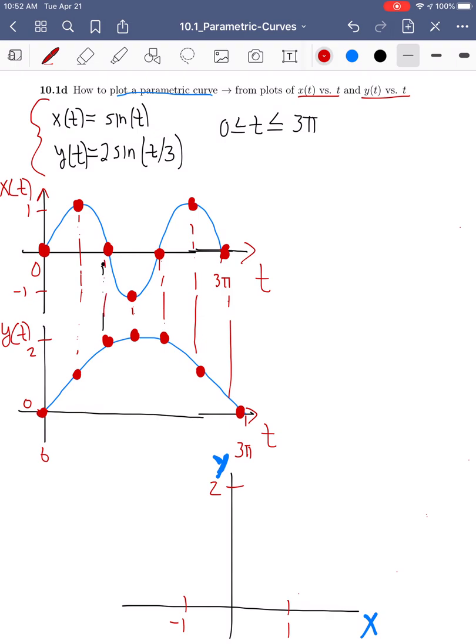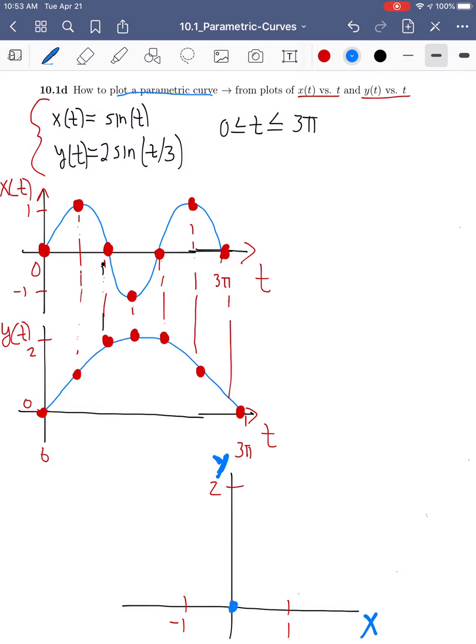So these vertical lines I'm drawing are just to make sure that we can see what the x value is when t is a specific number and what the y value is when t is that same number as well. So when we're at t values of 0, both x and y are at 0.